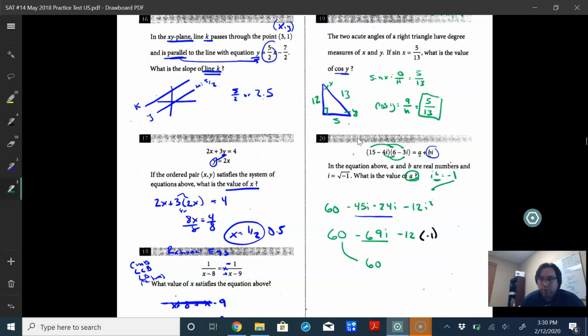Negative 12 times negative 1 gives me positive 12. So the answer choice is 72, which is the equivalent of A. If we wrote this out in a plus bi form, it would be 72 minus 69i. But we just care about this piece for this problem.